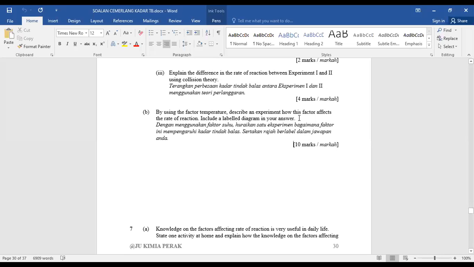Okay, you can have a few experiment where number 1, you can use the experiment as what is given, which is the metal. You can put the metal with the acid, okay? And you are heating the acid. You heat this, okay, to different temperature.